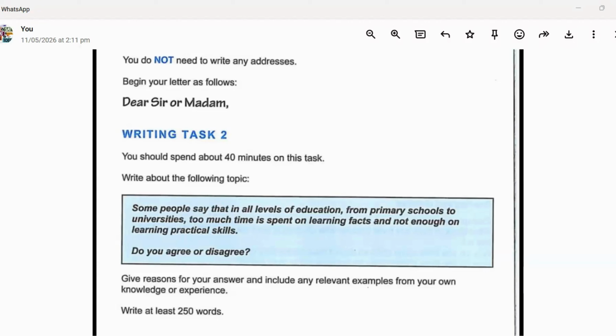For example, in Task 1, academic students will do the diagram interpretation, and general training will do letter writing. But when you get to Task 2, everyone will do the same thing, the essay writing.